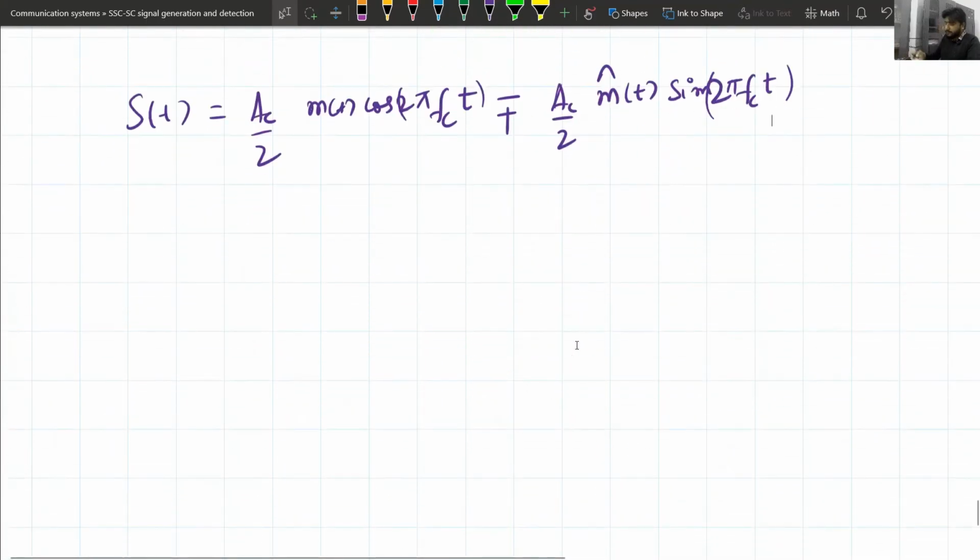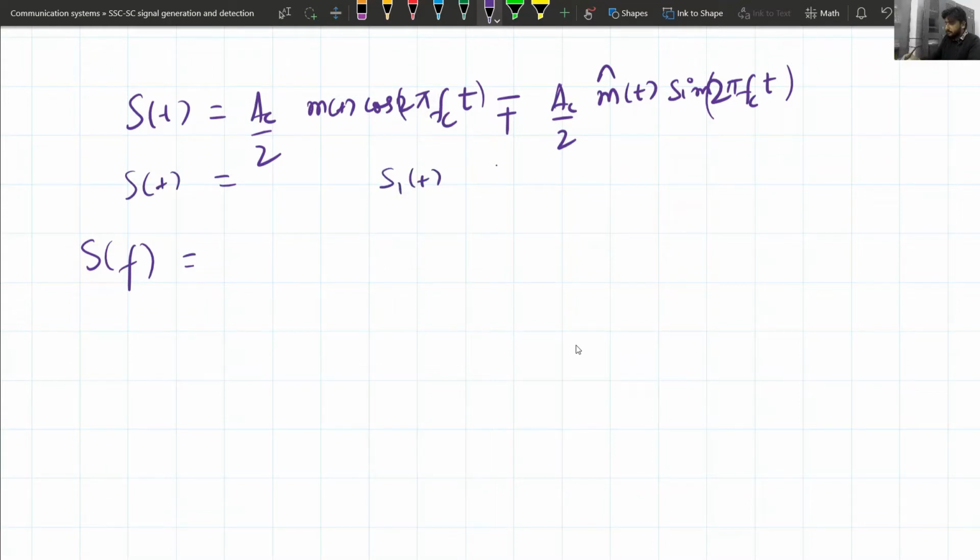So in frequency domain, here you can see s(t) will be s1(t) minus plus s2(t). In frequency domain it will be S1(f) minus plus S2(f).